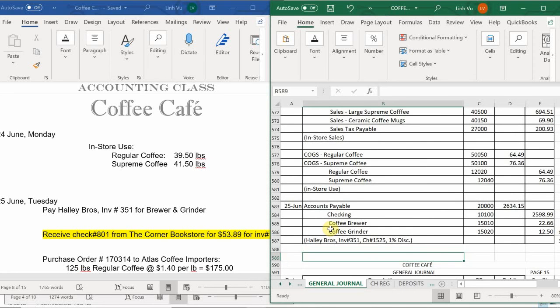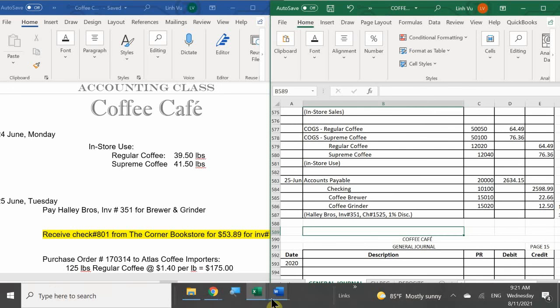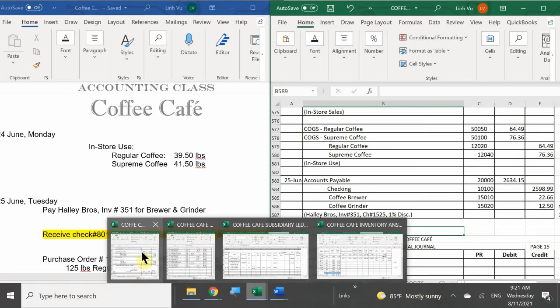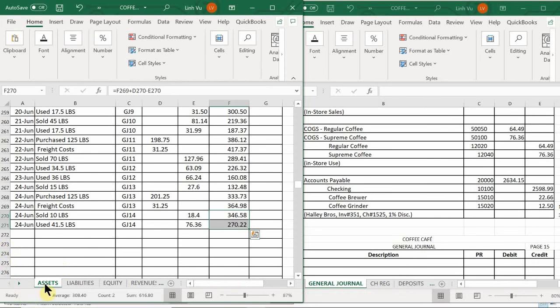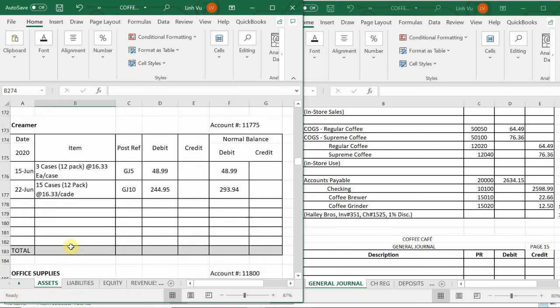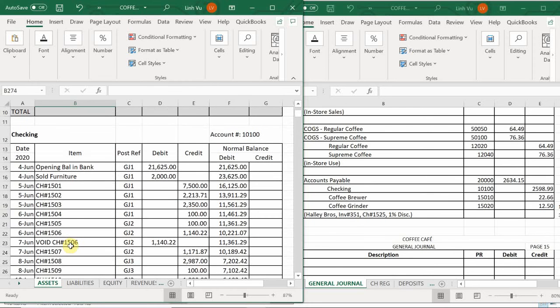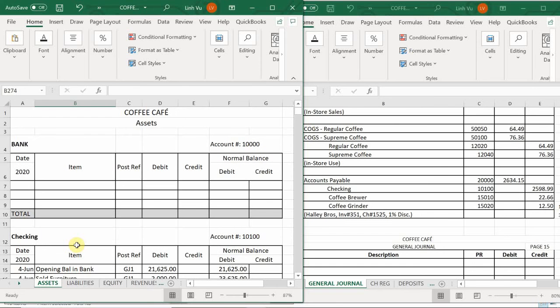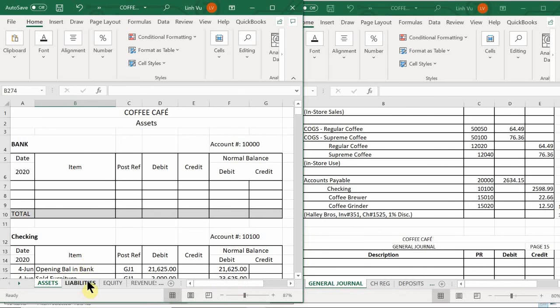Now we need to go to our general ledger. We already cut our check, so now we gotta go to our ledger. So let's go to liabilities first.